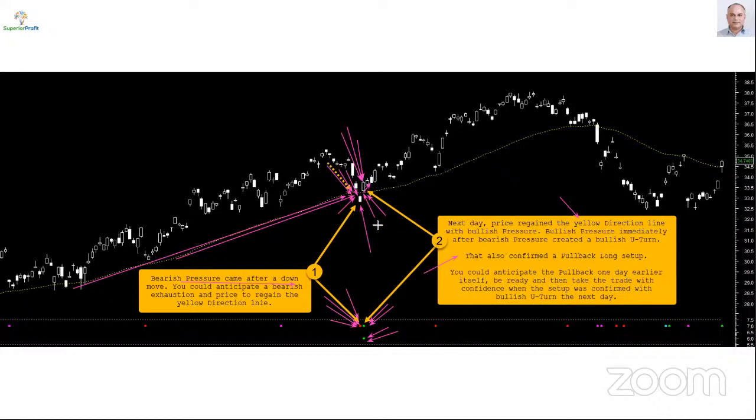I don't know if the U-turn was confirmed right at the open, maybe not, but the bearish exhaustion we had, so we could anticipate the trade, and right at the open, because of so many setups coming together, gap setup, reversal signal, and pullback setup, we would not wait for the close. That's how studying the pressure and U-turn helps us further confirm the trend.